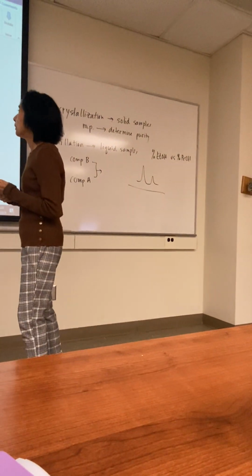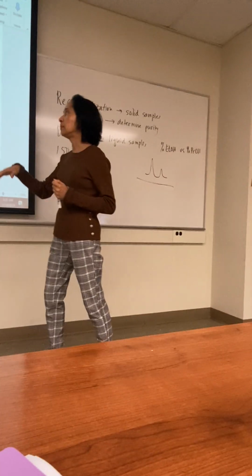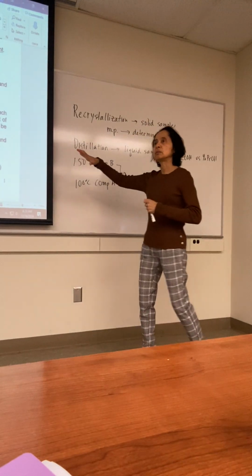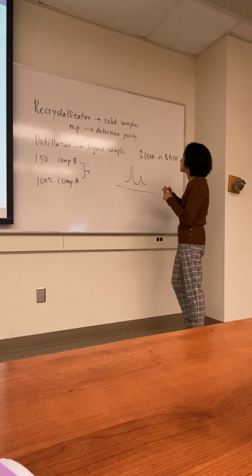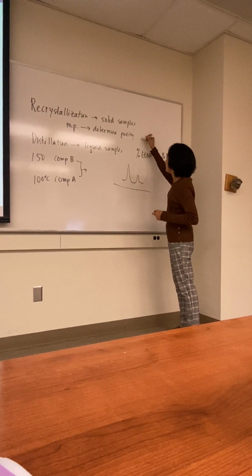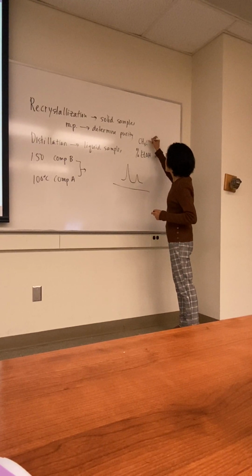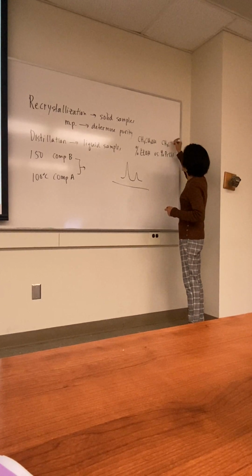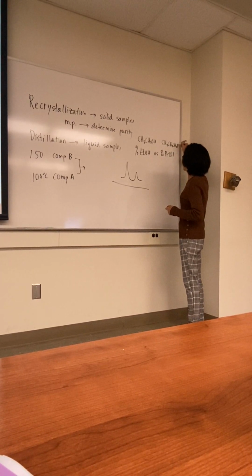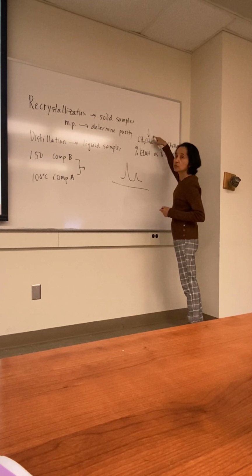Okay? So the first peak is going to be the compound that has a low boiling point. So for example, ethanol and propanol, because this is smaller, right? This is 2 carbons, and then propanol 3. Therefore, this will come out first.